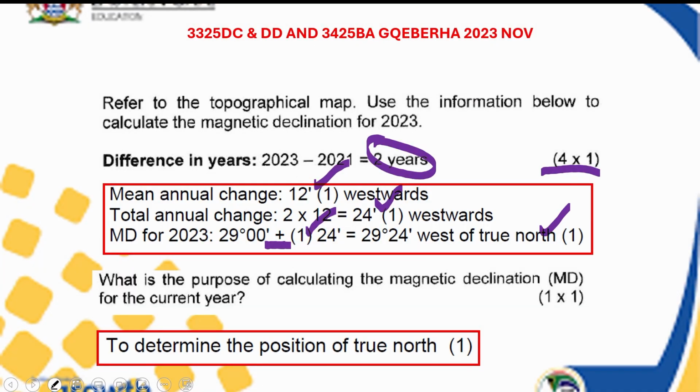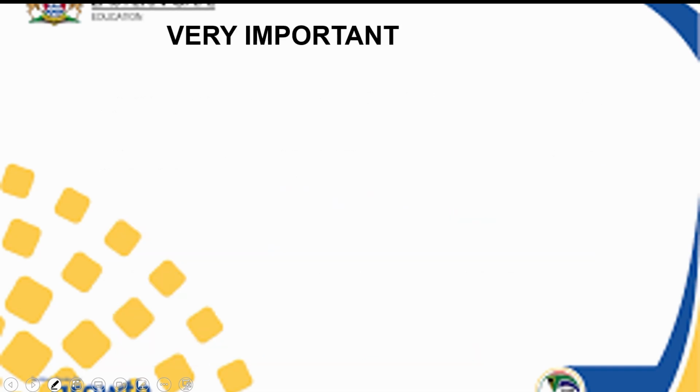The last question is, what is the purpose of calculating the magnetic declination? It is because we want to determine the position of the true north. That's why we calculate the magnetic declination, so you get 1 mark.